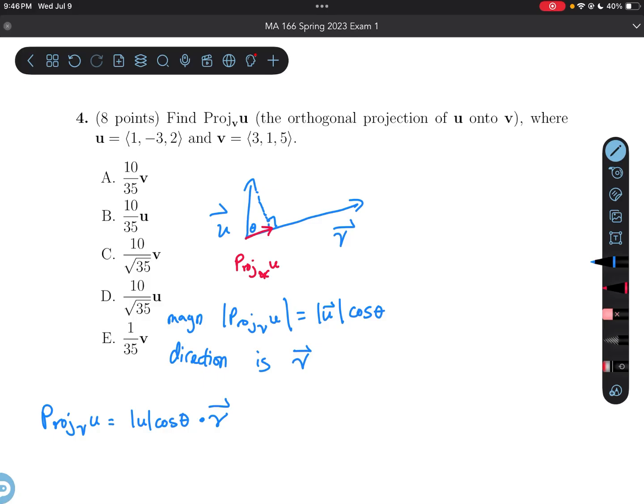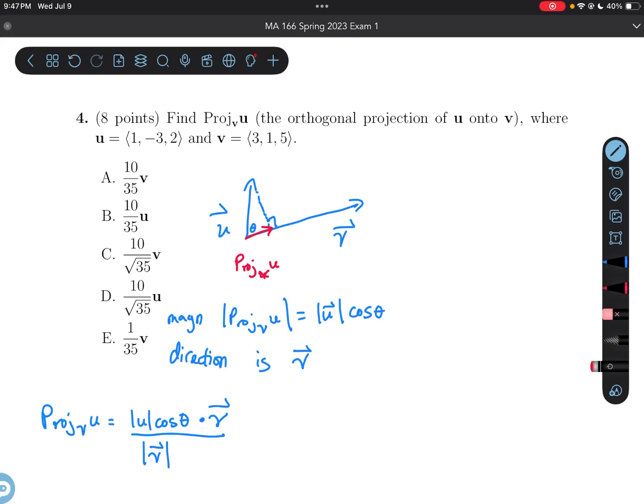However, we have to divide by the magnitude of v as well, because right now the length of vector v is not 1, or maybe it is 1, but to make sure the magnitude of the projection vector is this value, we divide by the magnitude of v, and that means that this component has length 1, and then we scale up that vector by this much. Okay, so basically this is the formula for the projection vector.